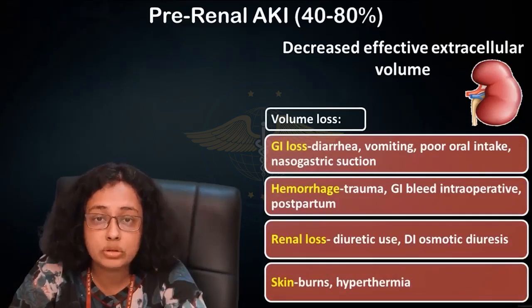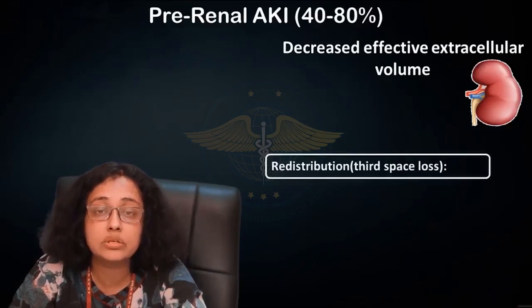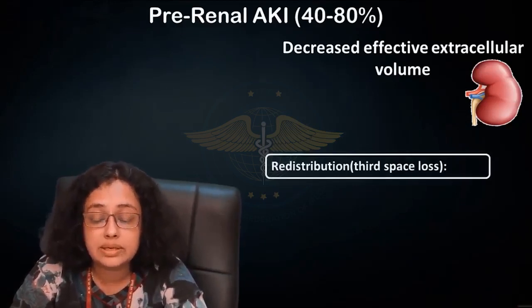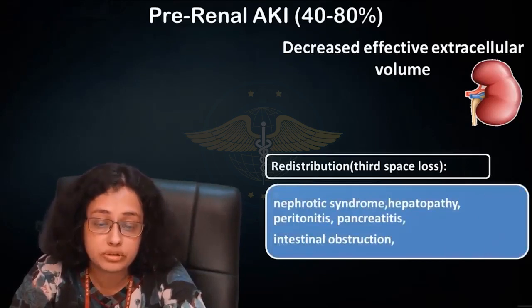Sometimes there is no actual volume loss, but there is redistribution or third spacing leading to decreased effective arterial blood volume. This is seen in cases like nephrotic syndrome, hepatic disease, peritonitis, pancreatitis, or intestinal obstruction.